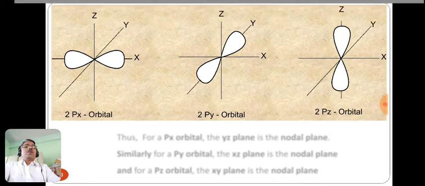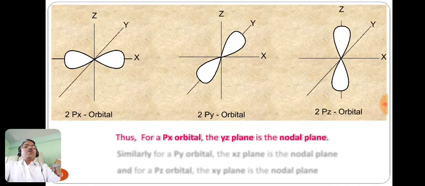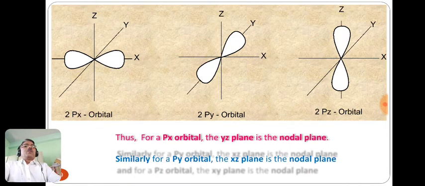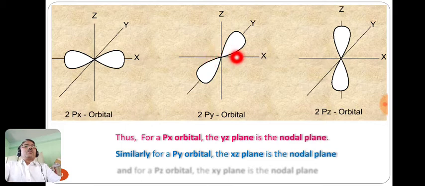Similarly, this is the py orbital, and this xz plane, to which the nucleus also belongs, is known as the nodal plane, and there is no possibility of finding the electron.